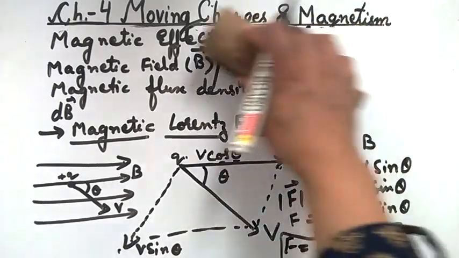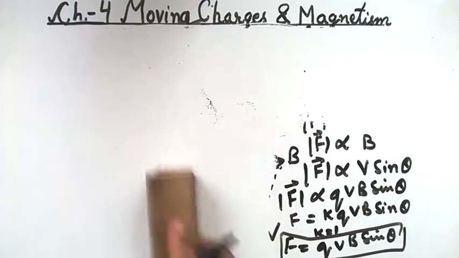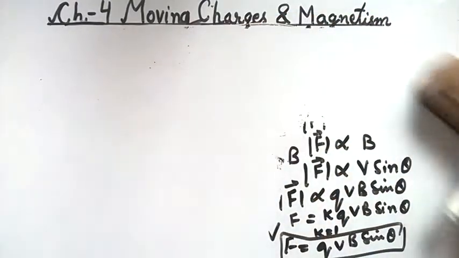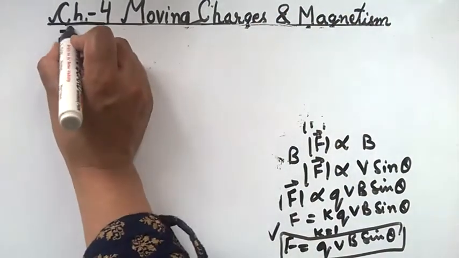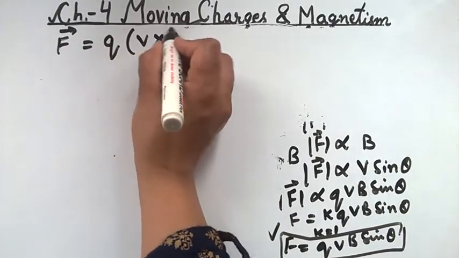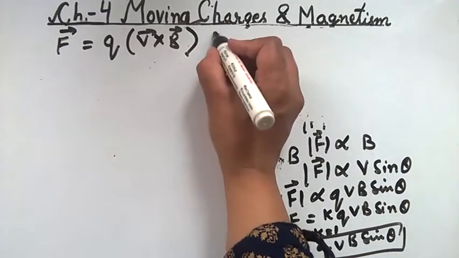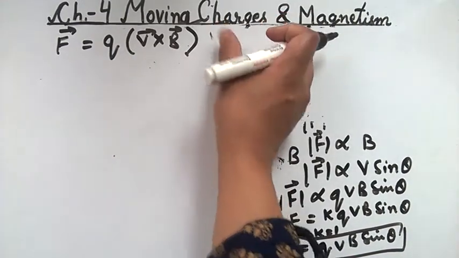And we can write it in vector form also. Its value is F vector is equal to q v cross B. This is called magnetic Lorentz force.